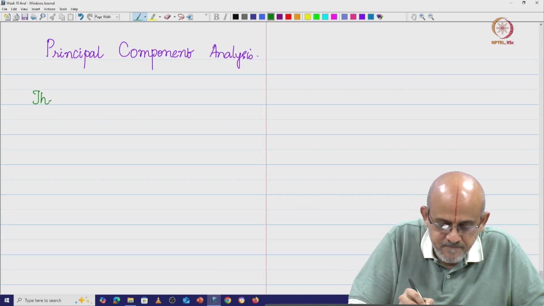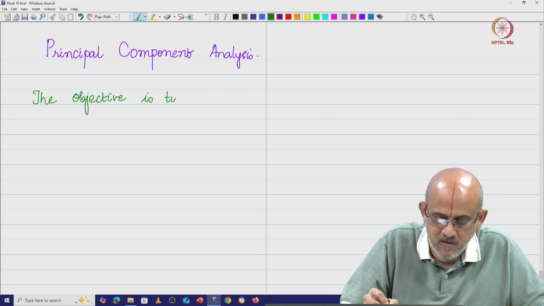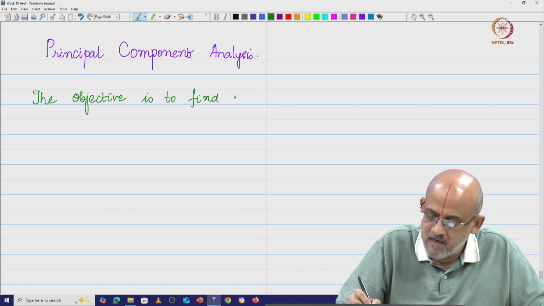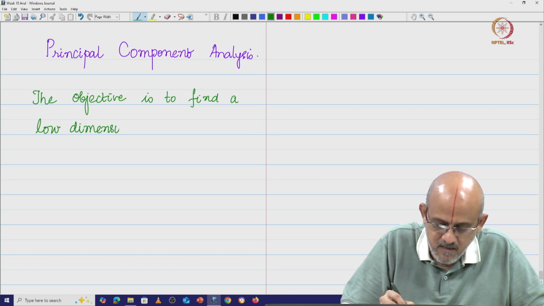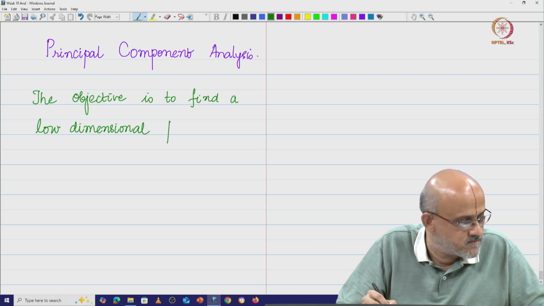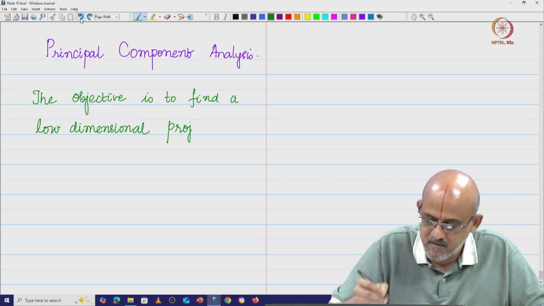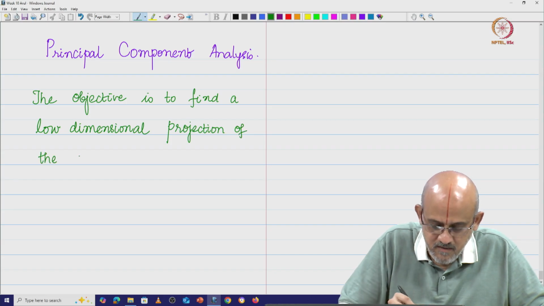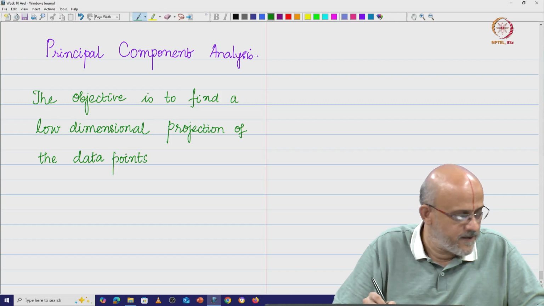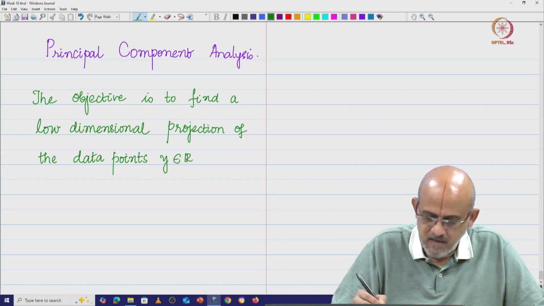The objective is to find a low dimensional projection of the data points, let us say y in R n.